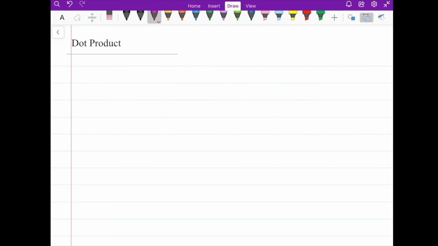First, we know how to add vectors and how to multiply a scalar by a vector, and now we want to talk about multiplying two vectors. There are two ways to multiply two vectors together. One of them is called the dot product.